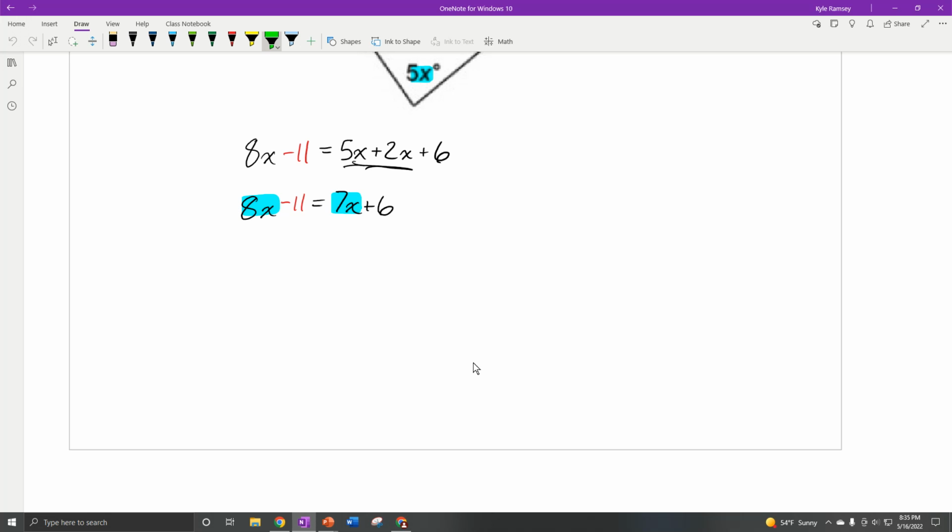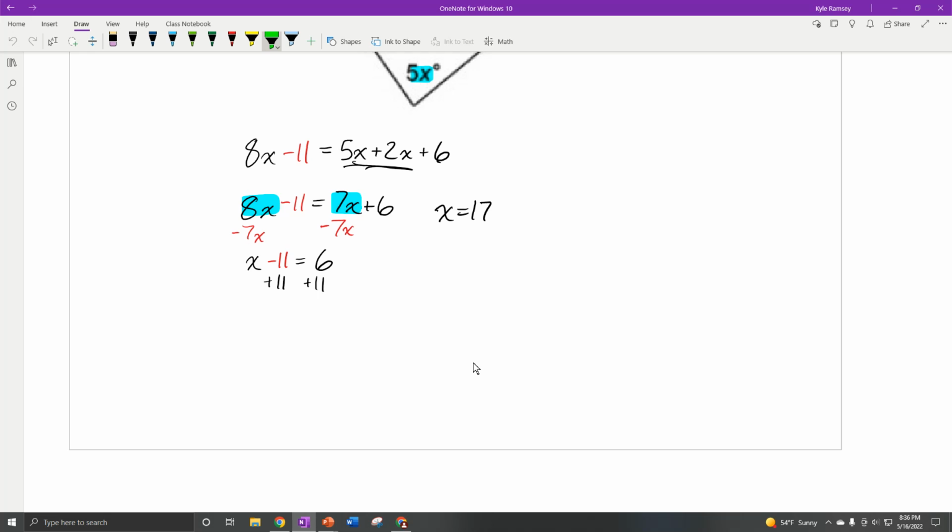Both are positive, so we want to move the 7 over. So we're subtracting that 7x from both sides. Just getting us a solid x minus 11 equals 6. Add the 11 to both sides. X equals 17.